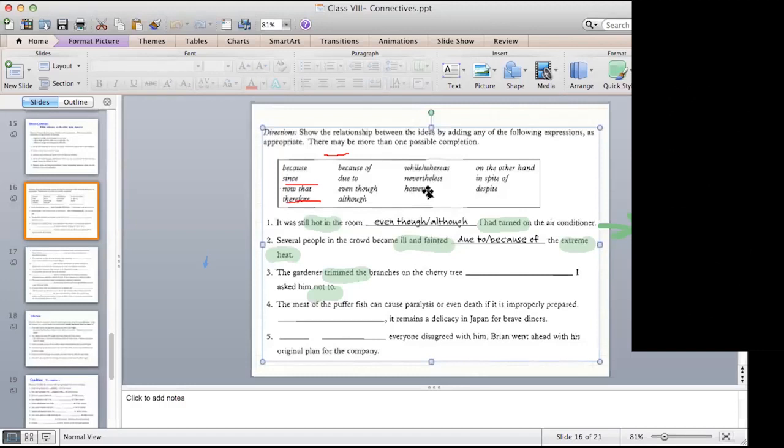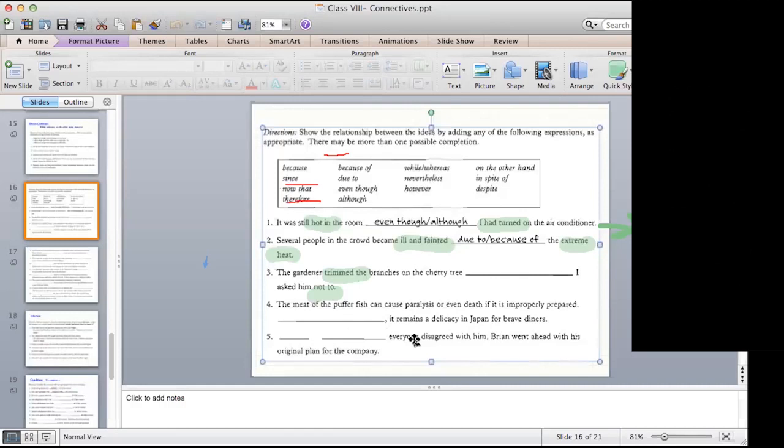Next one, number 5. Everyone disagreed with him. Brian went ahead with his original plan for the company. Should we use although, even though, despite, or in spite of? Which one here in the list?